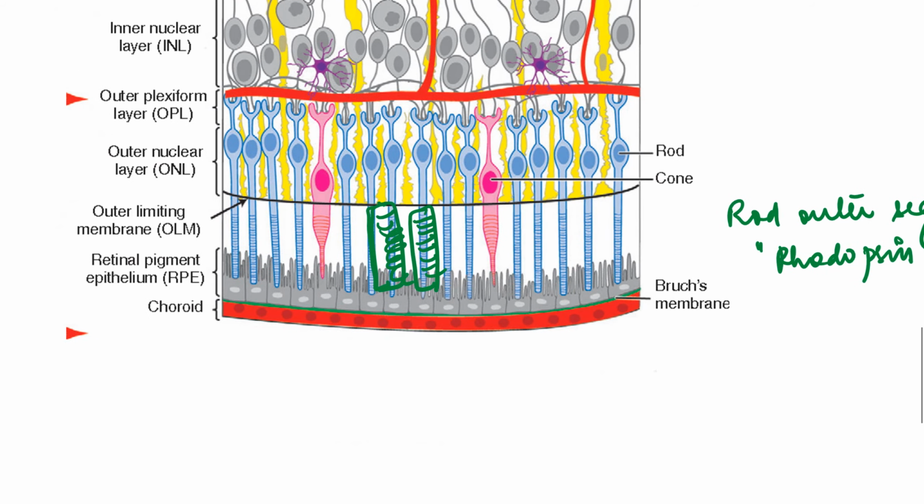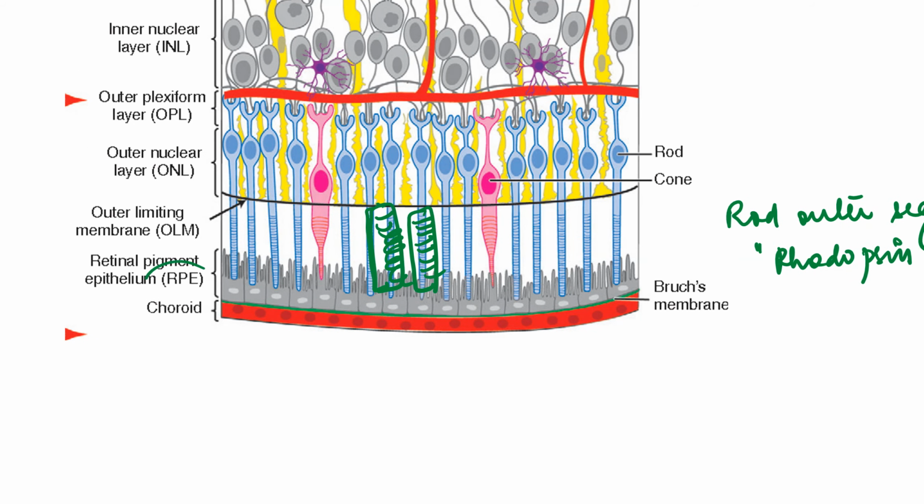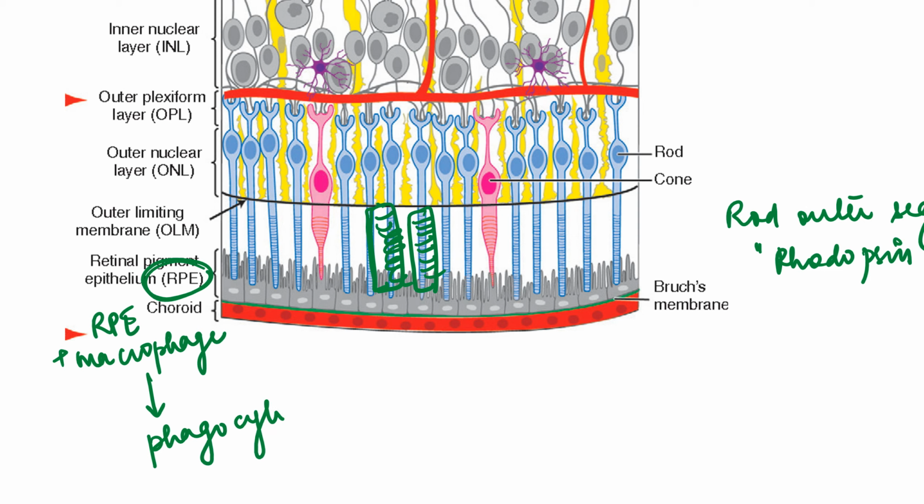Because this is not normal, the RPE and the macrophages will phagocytose the rod outer segment. So this leads to loss of the rods, which are eventually all destroyed.